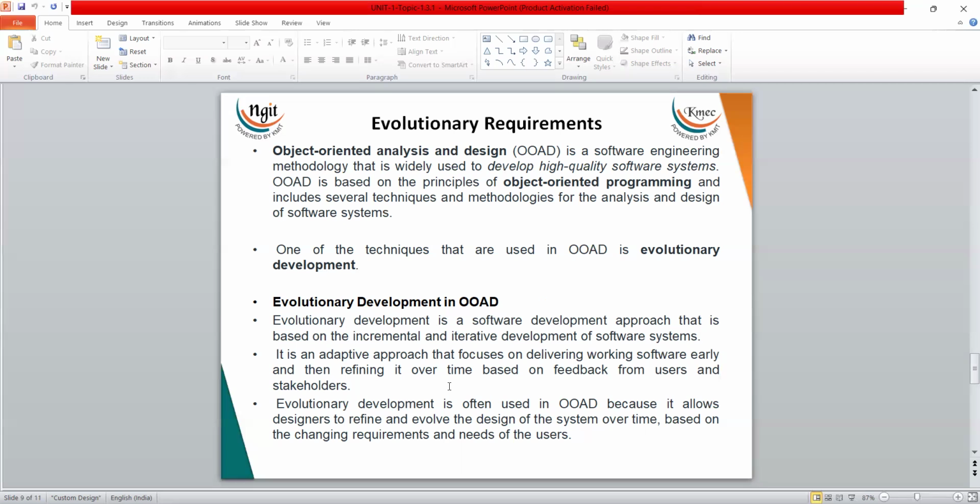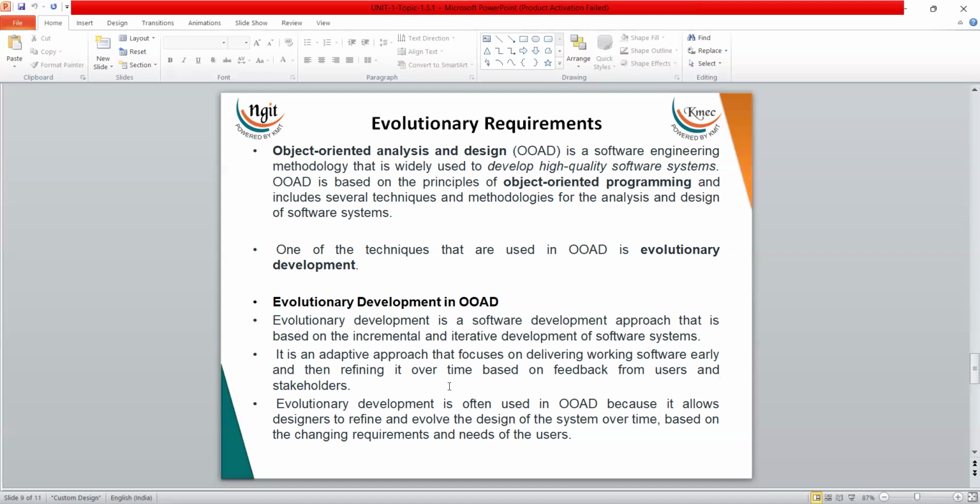Evolutionary development is often used in OOAD because it allows designers to refine and evolve the design of the system over time based on the changing requirements and needs of the users. In simple words, whenever there is an enhancement of software, or whenever we go for version development, this evolutionary development model is very helpful.